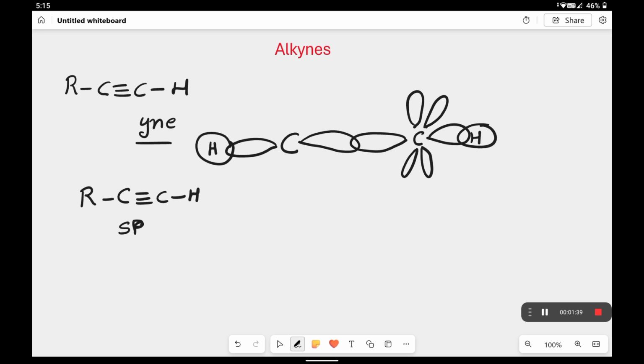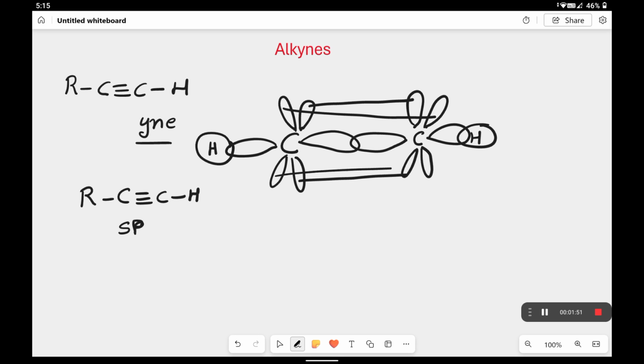For example, px, py and pz, these three orbitals are perpendicular to each other. In this case, the sigma bond forms by means of the carbon containing one p orbital, which forms a sigma bond between the carbon atoms.